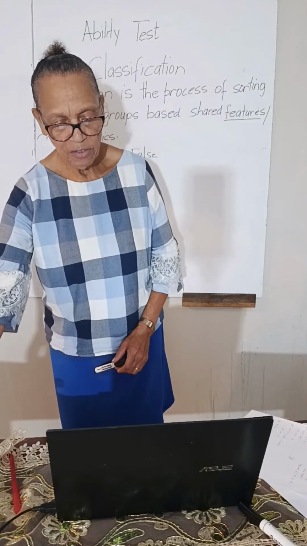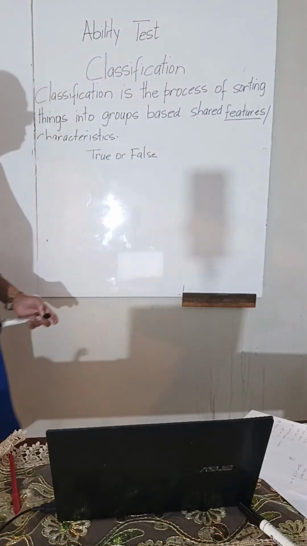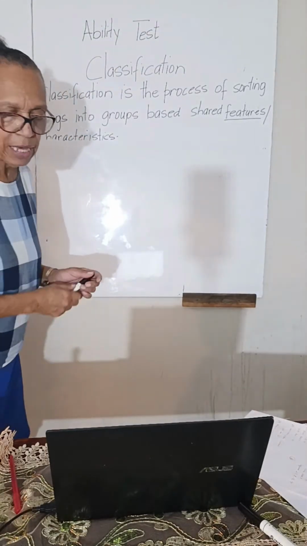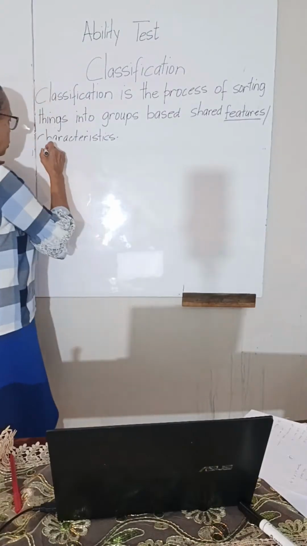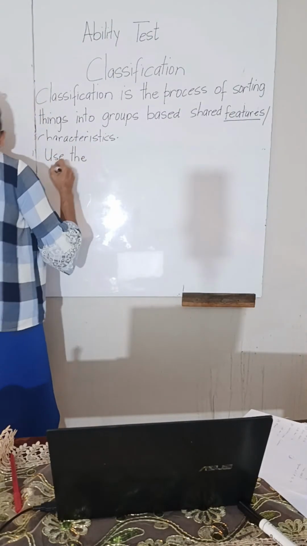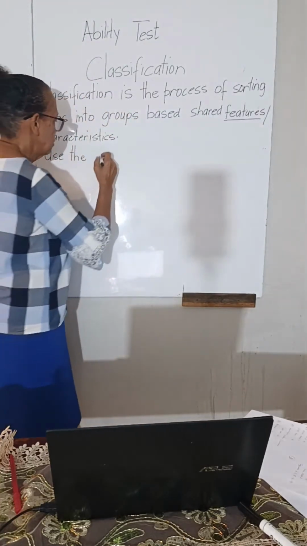All right, so next one, you're going to do this one in your book as well. I'm going to write the name, the category. Use the categories.